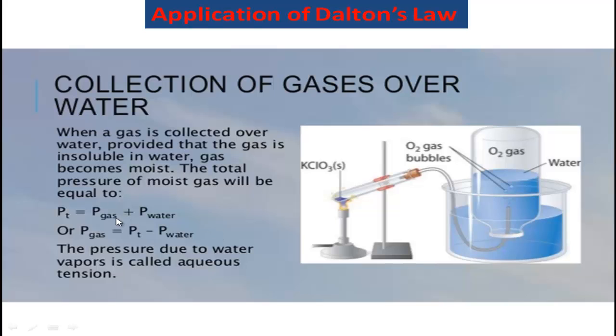If we want to determine the pressure of the dry gas, then we have to subtract the water vapor pressure from the total pressure. In this way we can measure the pressure of the dry gas by this method. And this is one application of Dalton's law.